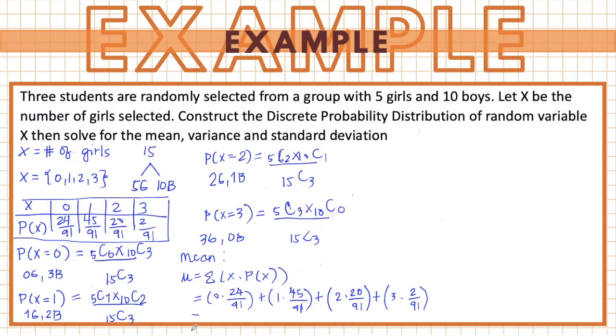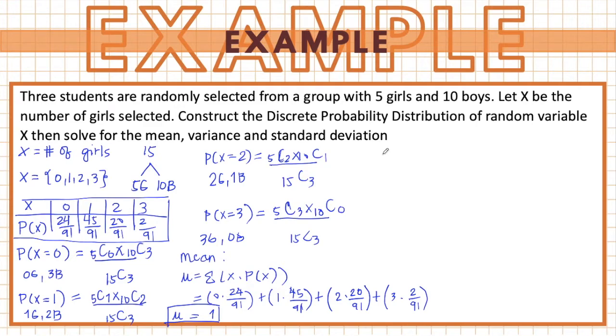And the sum will be 1. So this is the mean. Mean is also known as the expected value. So most likely, when the experiment is repeated in this situation, wherein we will be getting 3 students in this group of 15 students, most likely, the value of the random variable x will be 1. Okay? So that is the expected value.